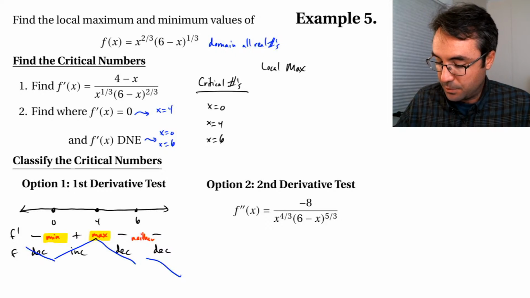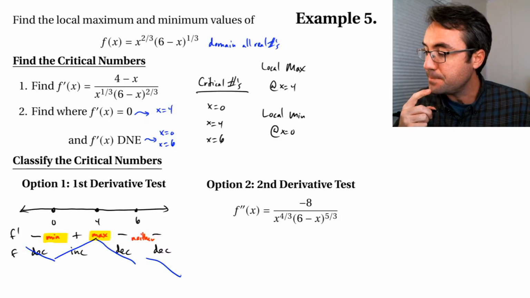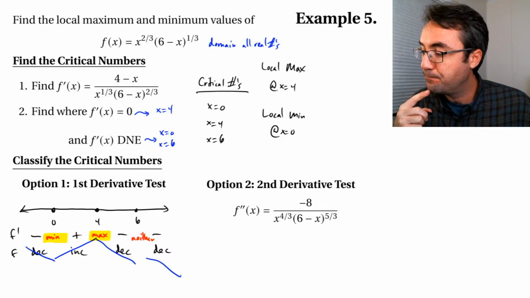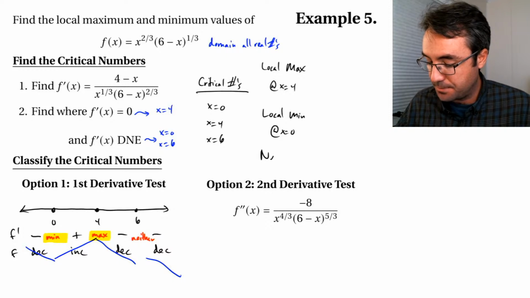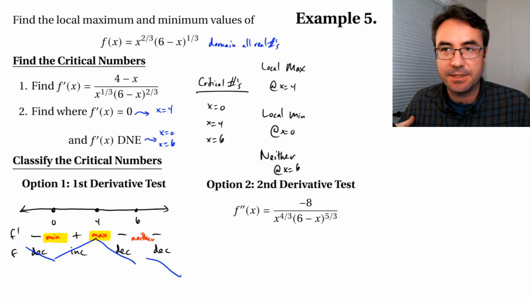So we have a local max at x equals 4, a local min at x equals 0, and neither at x equals 6. No max, no min at x equals 6.